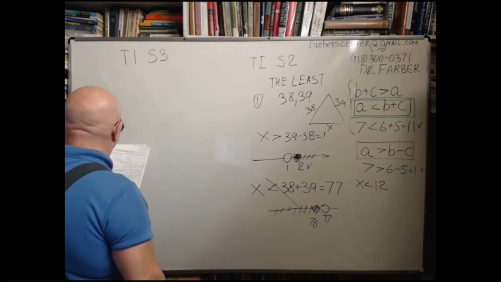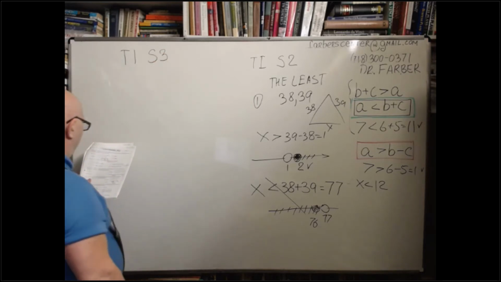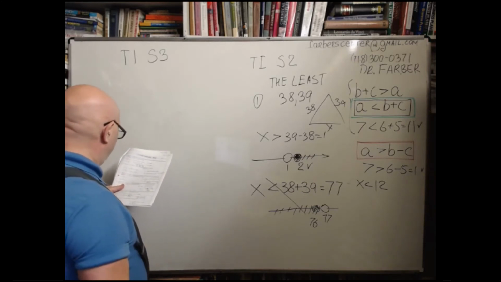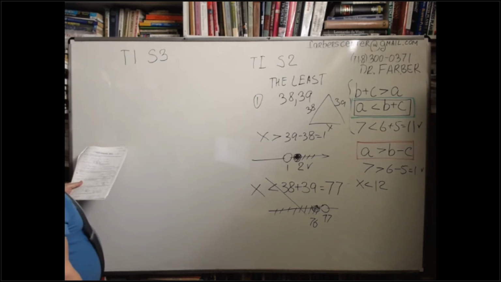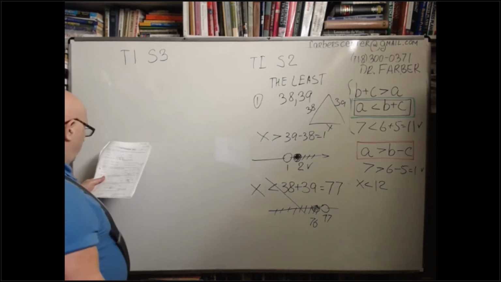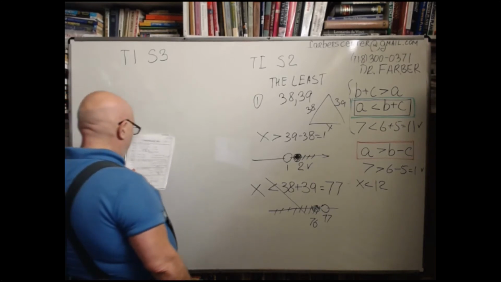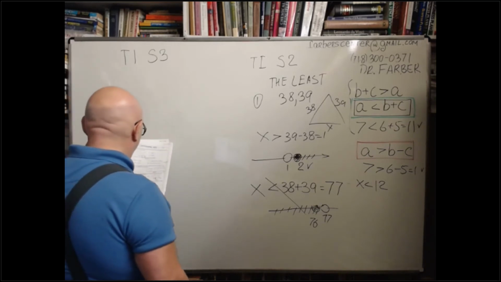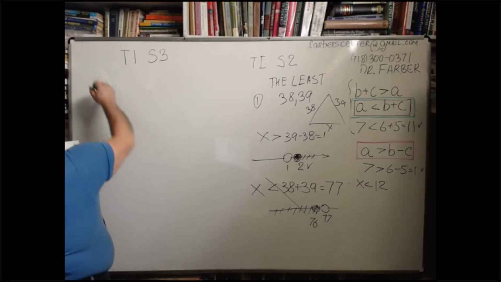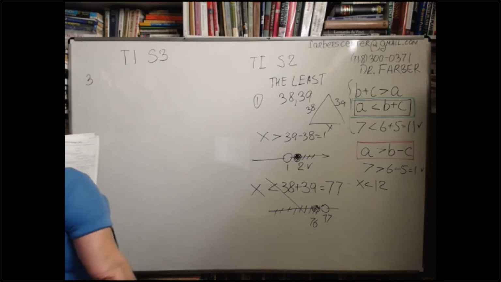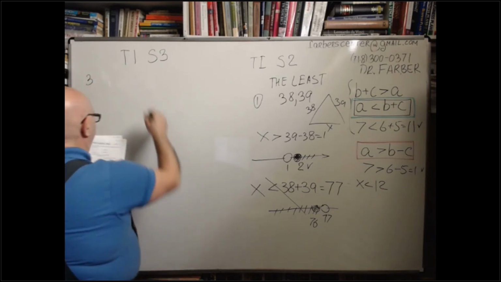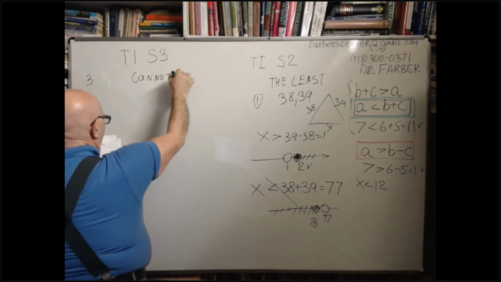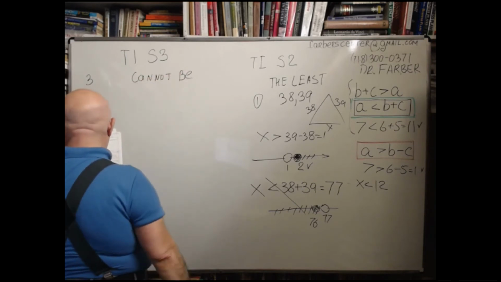For instance, let's do any of these, what we have. Let's say number 3. Which of the following cannot be? This is my target.